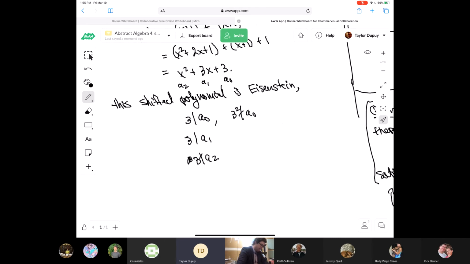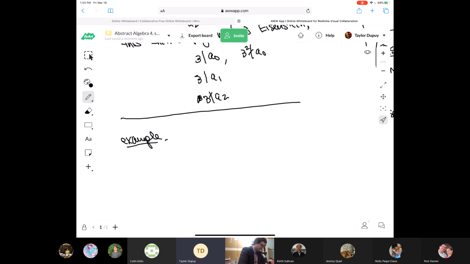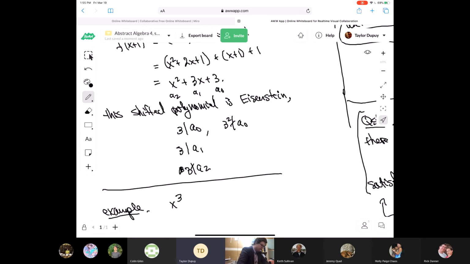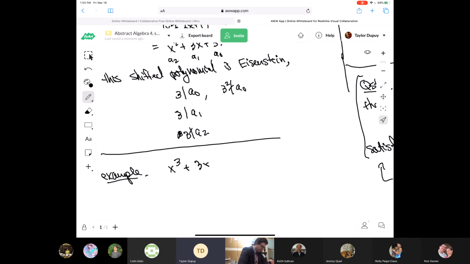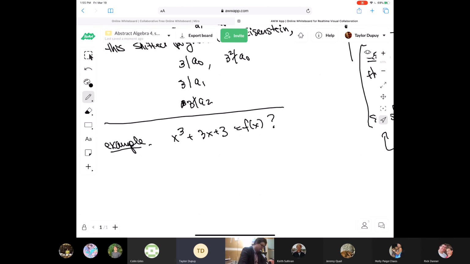Okay, here's a quick question. What if we had, let's do another example, just for sanity. What if I had the same thing, but I did x cubed plus 3x plus 3? Does this work? Yes, it still works.